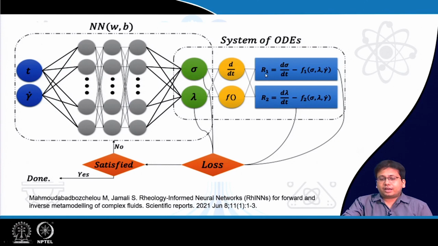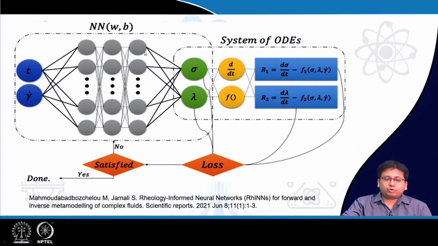As you can see, R1 is, for the estimated value of sigma, are these two equal or not? If they are not equal, then what is the error? Similarly, for lambda also, are these two things equal or not? If they are not equal, then how much is the error? So if the predicted sigma and lambda are different from what they should be, then of course these errors will be large.